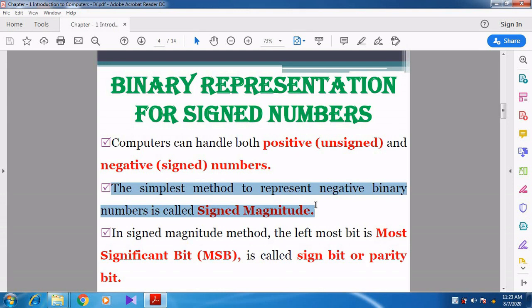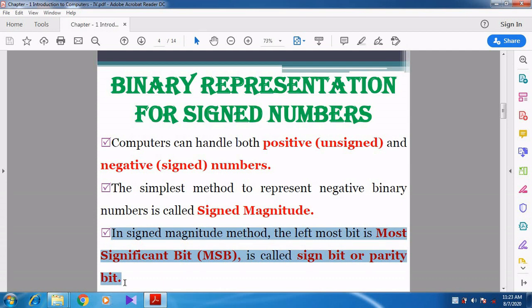What is meant by the signed magnitude method? The leftmost bit is called the most significant bit, which has the largest positional weight. In the previous videos we discussed that the leftmost bit is called MSB, the most significant bit, and the rightmost bit is called the least significant bit. The MSB has the largest positional weight and the LSB has the smallest positional weight.